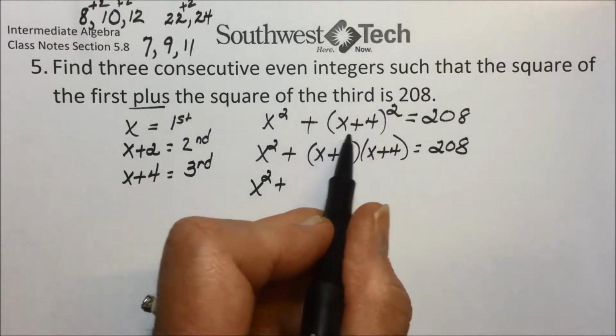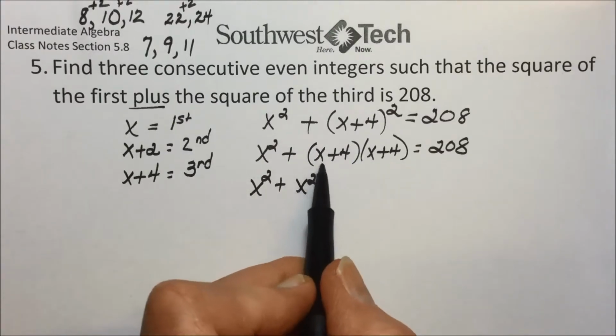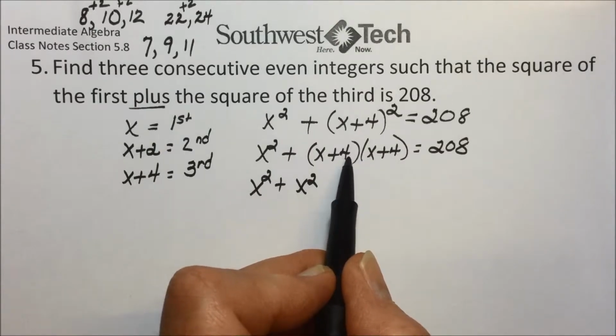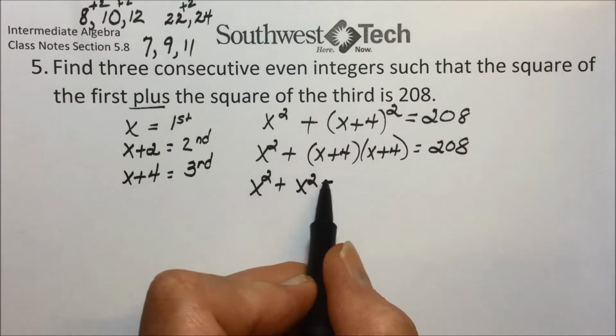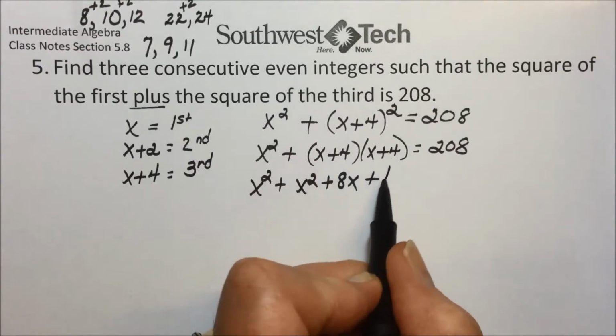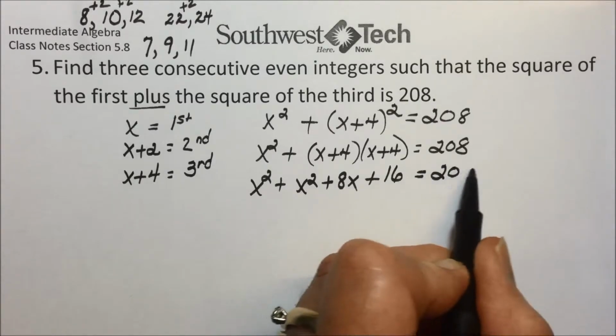Using the FOIL method though, as I've written out here, first terms would give us an x squared. Outside would be a 4x. Multiplying inside terms together would be another 4x. 4x and 4x is 8x. Last terms multiplied together is a 16. And this is equal to 208.